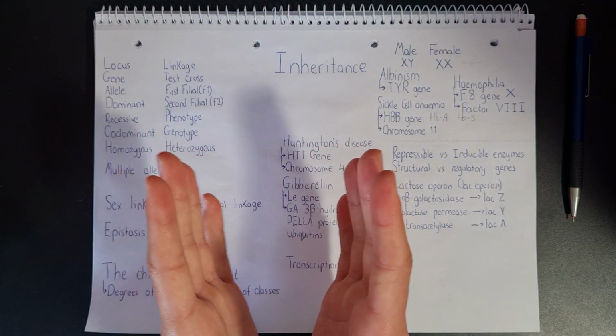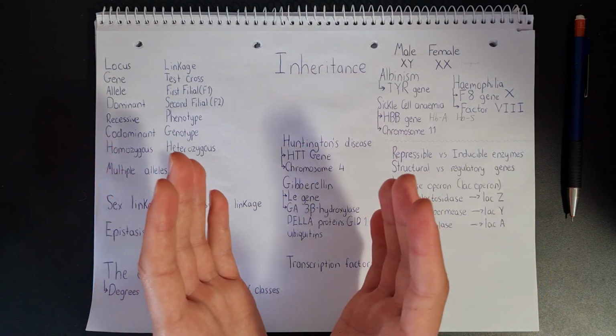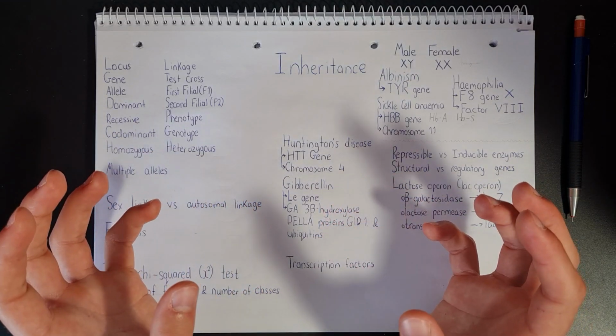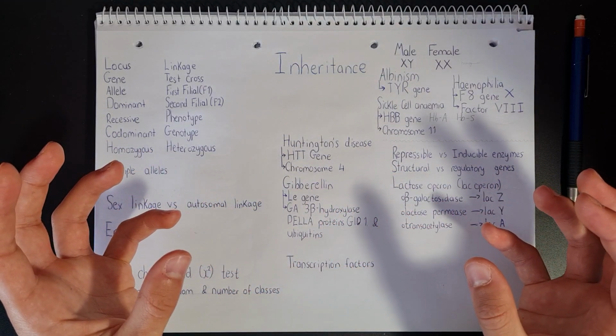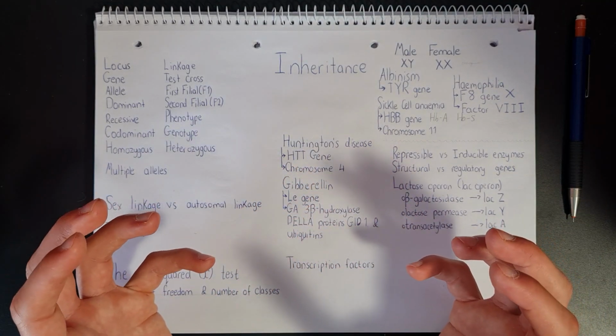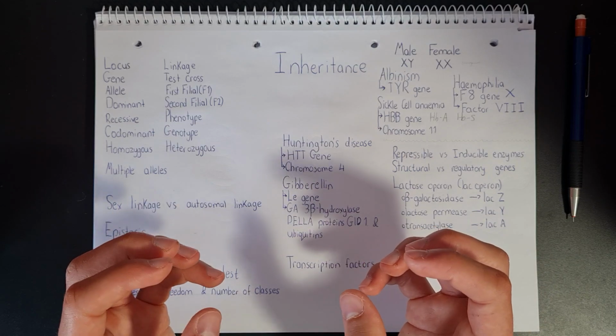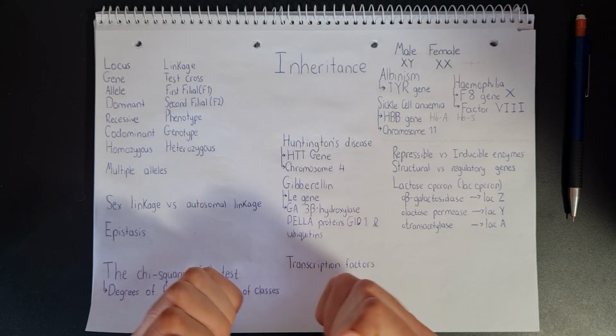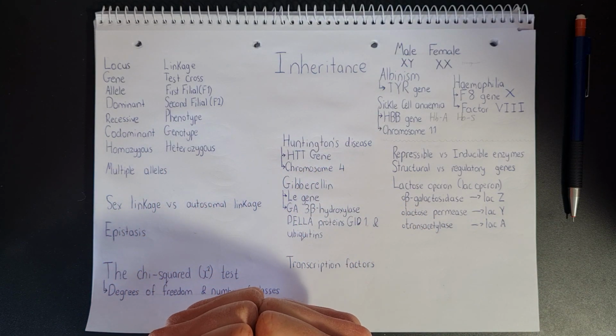Glutamic acid, the normal amino acid, has hydrophilic R groups, so they love the water. The valine amino acid has hydrophobic R groups, so they are water-hating. And so what this will do is that they will move away from water.